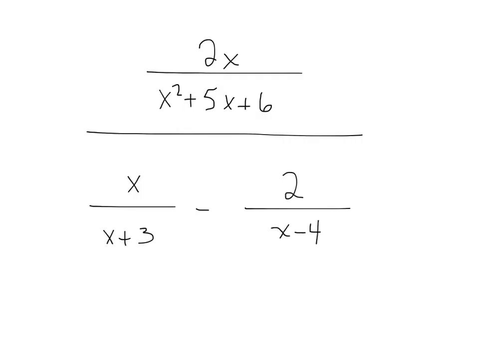Let's say we've got, here's the overall fraction. The numerator is going to be one fraction. The denominator will be two. Let's say we've got 2x over x squared plus 5x plus 6 over x plus 3 minus 2 over x minus 4.